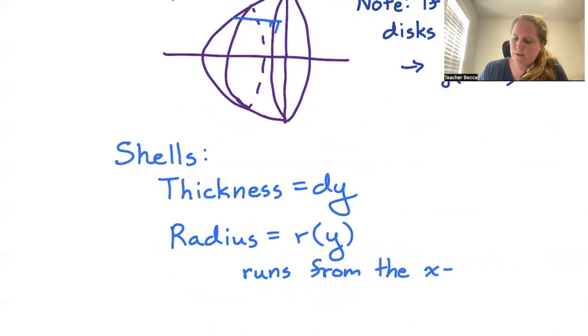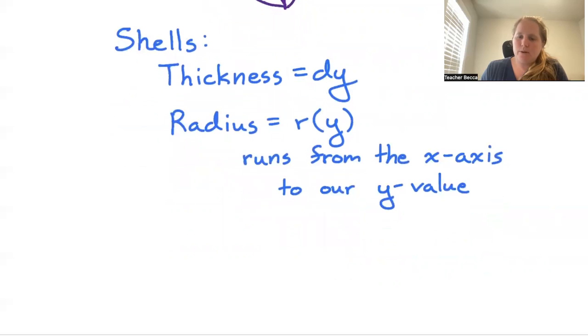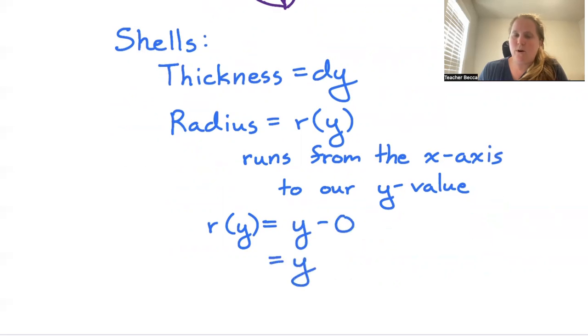So the radius runs from the x-axis to our y value, and we just have r of y is y minus 0, otherwise known as y. Again, this is because we're running from the x-axis, so we're running from a y value of 0 up to y.